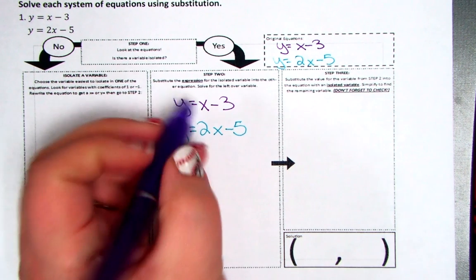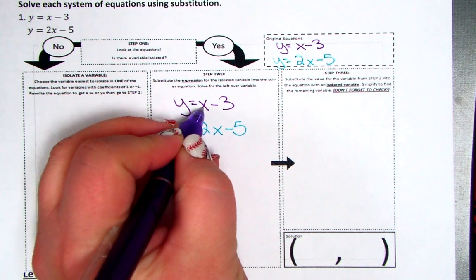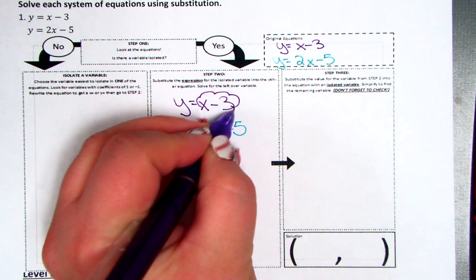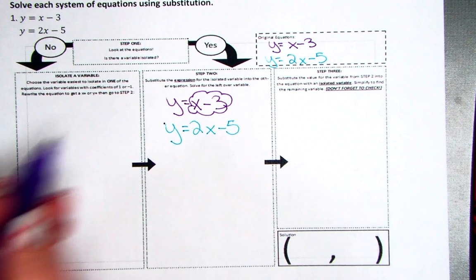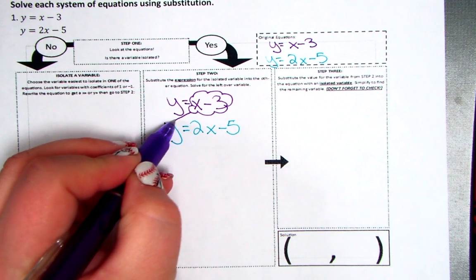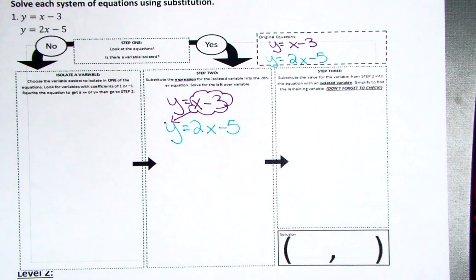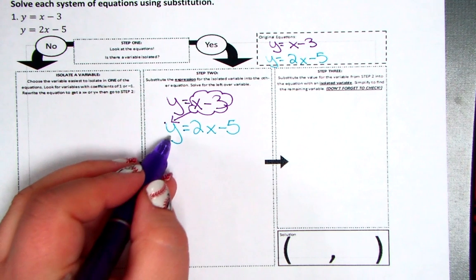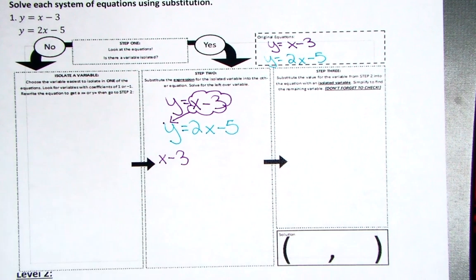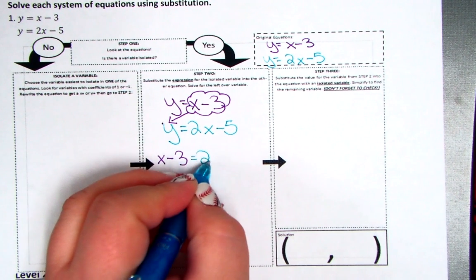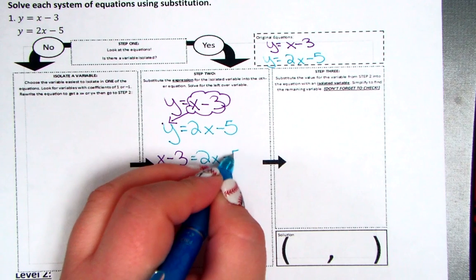So we're going to take this expression here that says y equals x minus 3, and we're going to plug it into the other equation for y. So we have x minus 3 replacing y, and it's going to equal 2x minus 5.